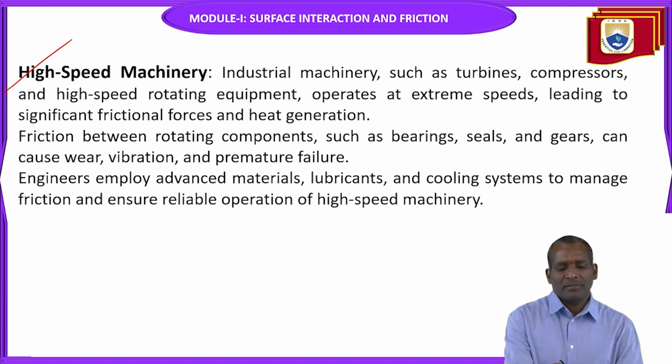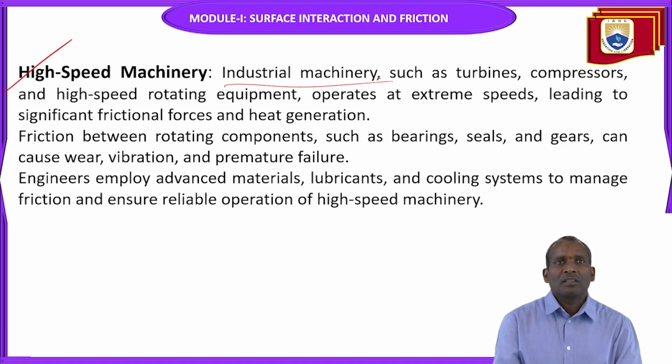So, industry machinery such as turbines, compressors, these require high speed, pressure, and so operate at sometimes high temperature. So it leads to increase in the frictional force. So automatically, whenever the frictional force increases, the heat generation also increases.